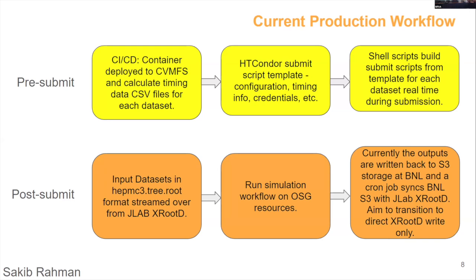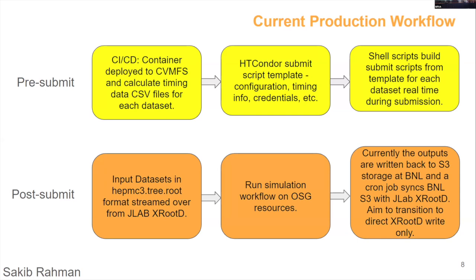So the current production workflow. We don't really have a fancy workload management system. It's very lightweight. We have the tagged container being deployed to CVMFS nightly, but we have monthly releases, as I said, like the trains correspond to the monthly releases. And then we calculate the timing data in CSV files for each of the physics data sets that we have.